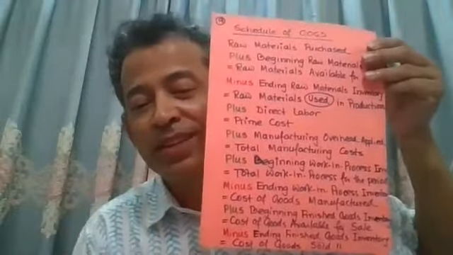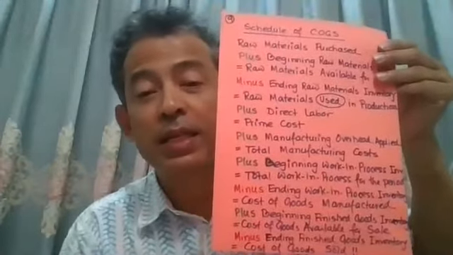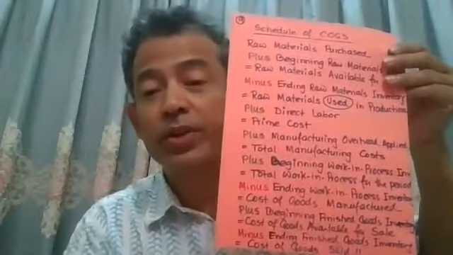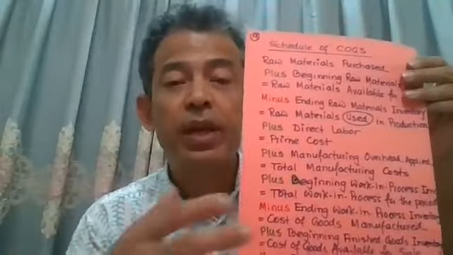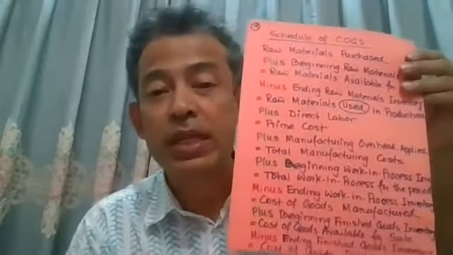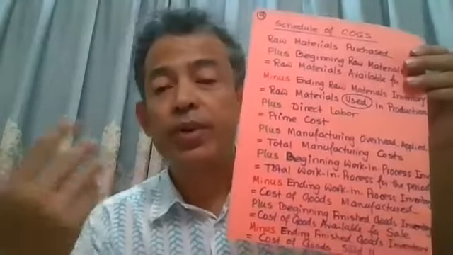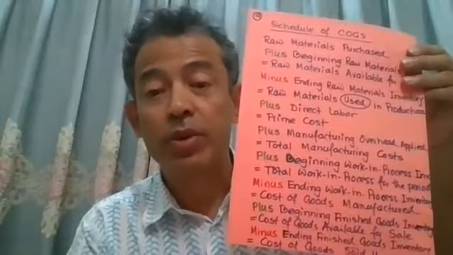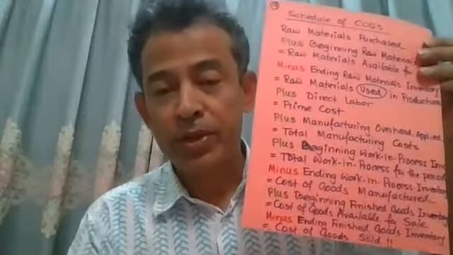I promise there will be questions from it in the exam, and one of the questions we typically ask is that we like to find out the value of finished goods inventory. Let's say there's an accident, there's a fire or something, and we don't have all the information that we need to find out the cost of raw materials, work in process and finished goods that were there, to claim from our insurance company.